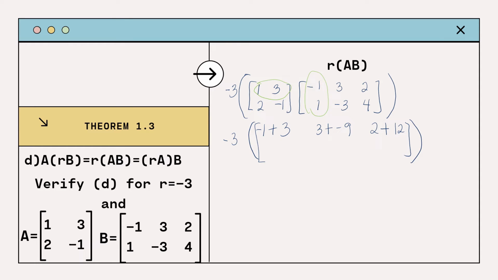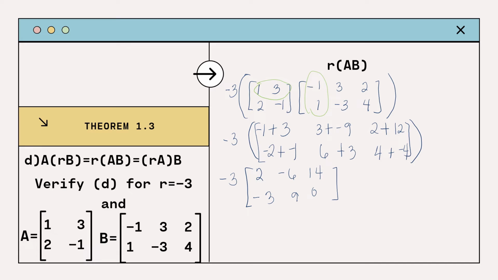Two times -1 is -2, plus -1, 6 plus 3, 4 plus -4. So negative 3 times the matrix with entries 2, -6, 14, -3, 9, and 0.